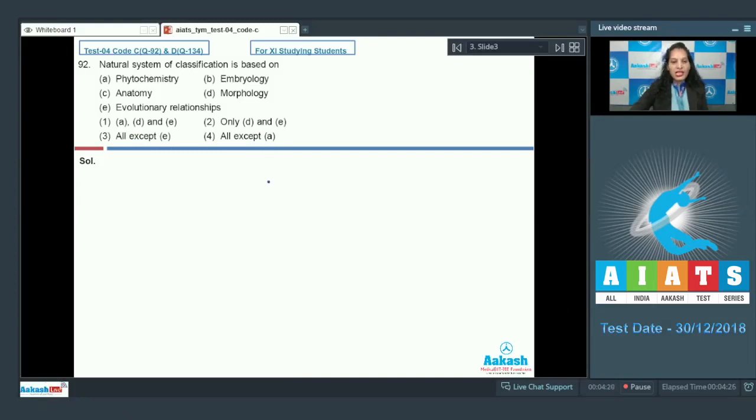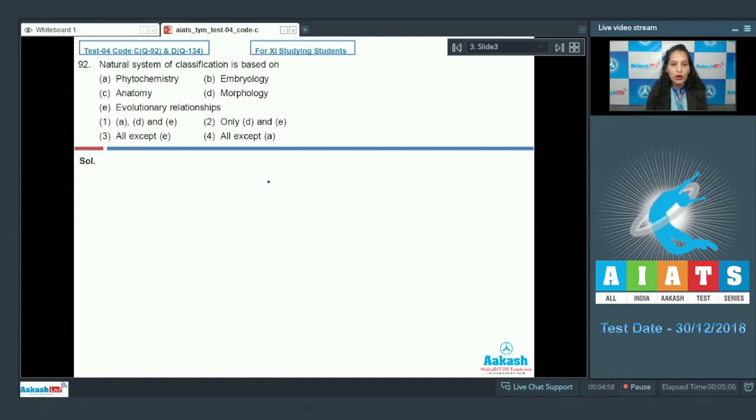This particular question is asking about the natural system of classification. The natural system of classification was given by Bentham and Hooker. It is the most accepted classification nowadays. And this system of classification was based upon the natural affinities among the organisms. This system was not only based on the external characters but included internal characters such as phytochemistry, anatomy, embryology, etc. But this system did not include evolutionary relationships.